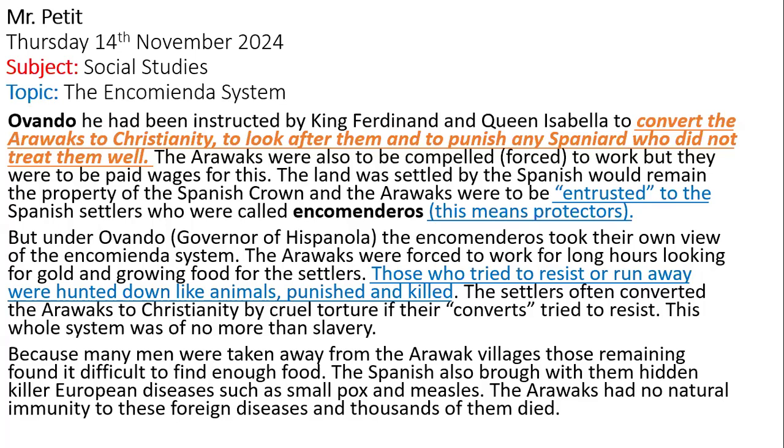So, Mr. Petit, did they have guns at the time? You mean the Spaniards? Yes, sir. I don't know, I have to check. I am not sure. Because everybody could win against them, the Arawaks, if they didn't have. But remember, they were more peaceful. So that's another thing. I see what you're saying.